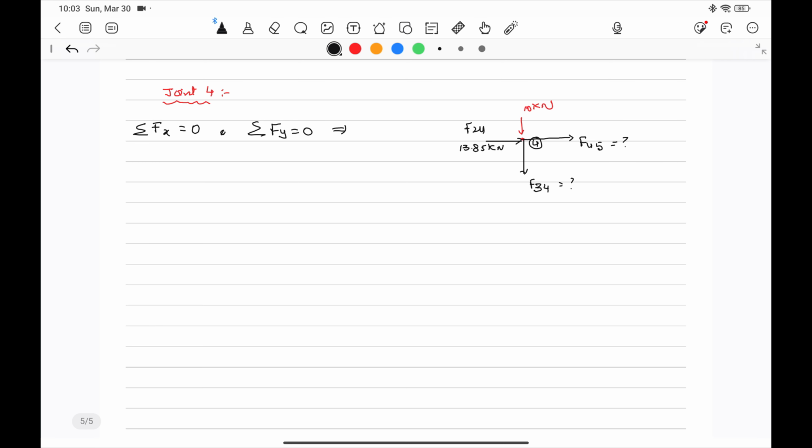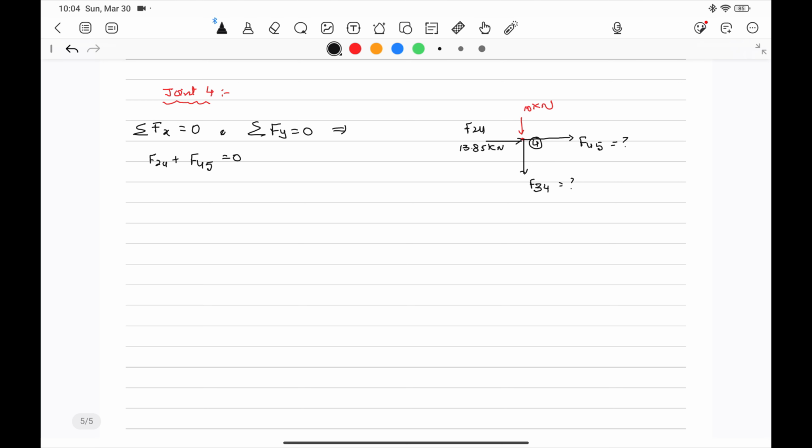Sigma Fx is equal to 0 means the F24 and F45, with the directions we have assumed, are acting in the same direction and there are no forces acting in the opposite direction. Hence, F24 plus F45 is equal to 0. The directions are towards the right hand side.